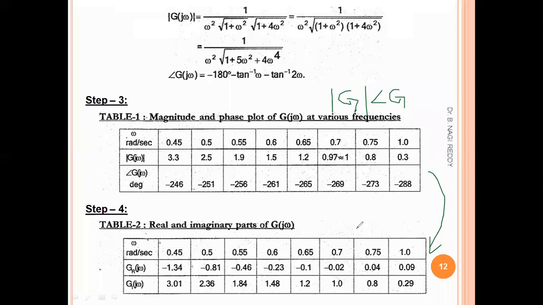If you want to write it in rectangular form, we have real and imaginary values, so real value of G plus j into imaginary value of G. This is the rectangular form representation and this is the polar form representation.